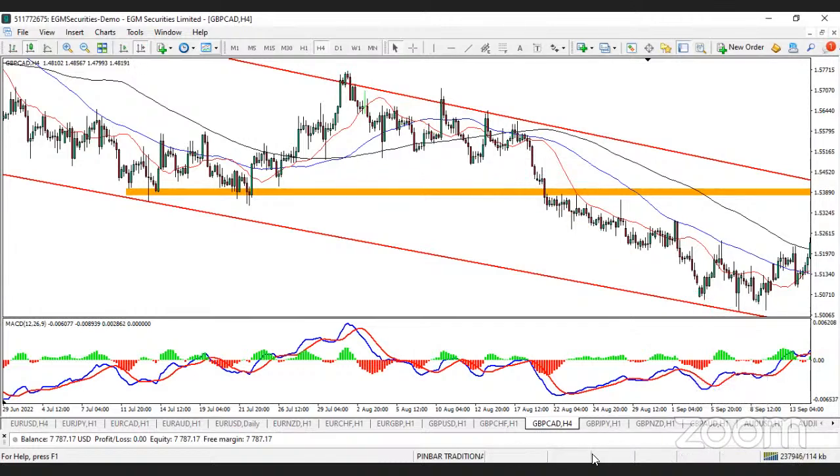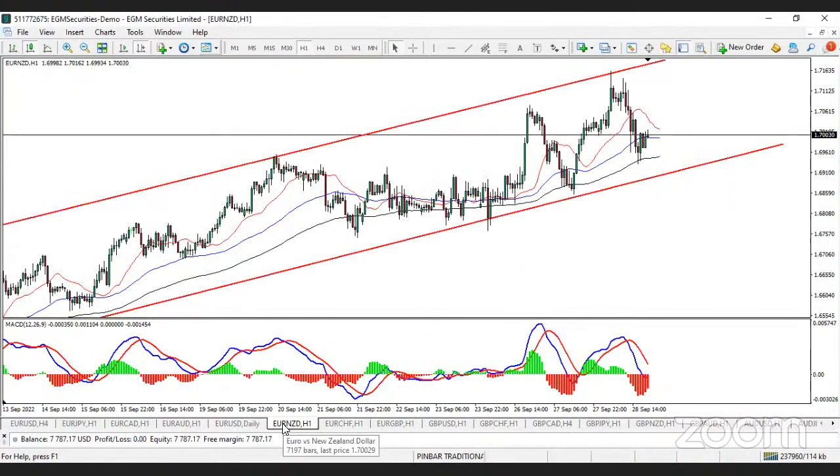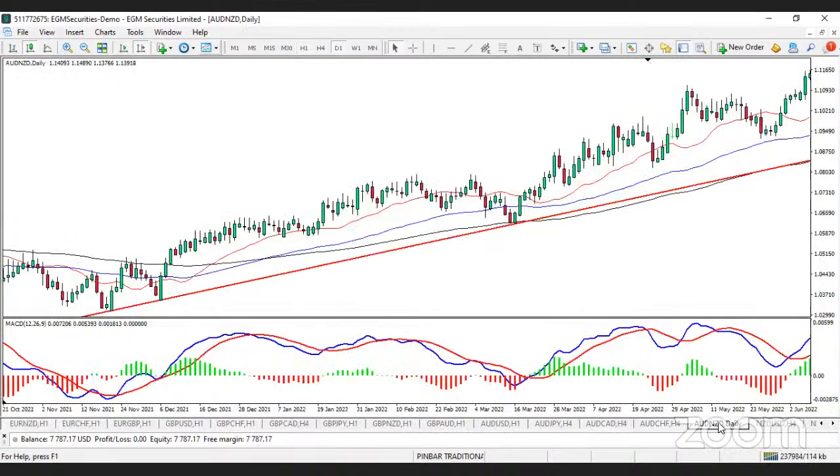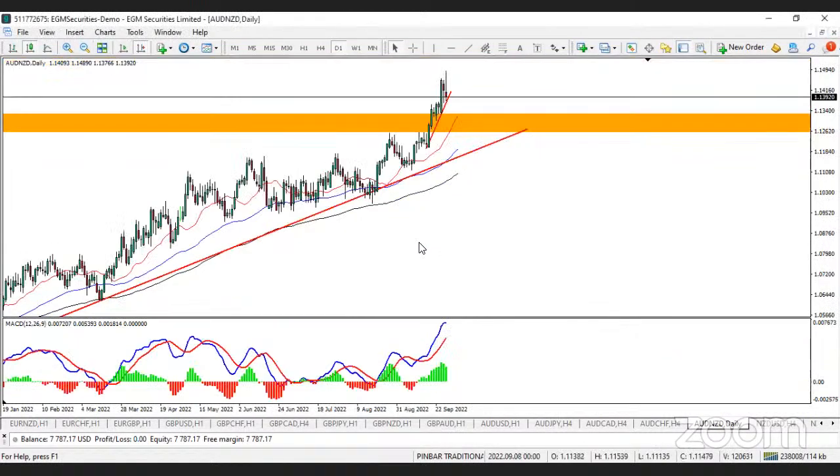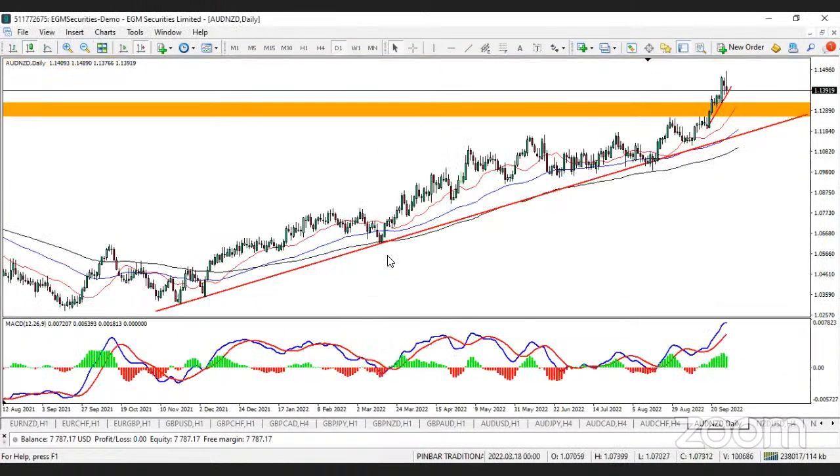Lastly, we have Australian dollar against New Zealand dollar. On a daily chart, we have an ascending trend line.